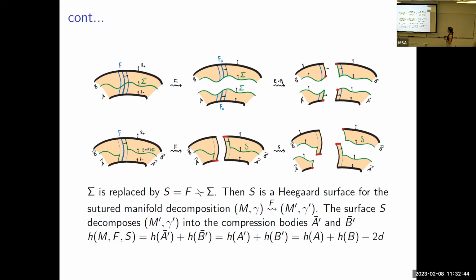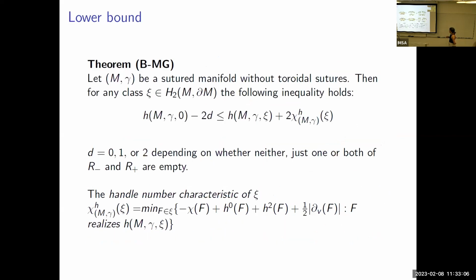By counting these compression bodies, we find this. And so we have found a circular Heegaard splitting with the handle number we get.